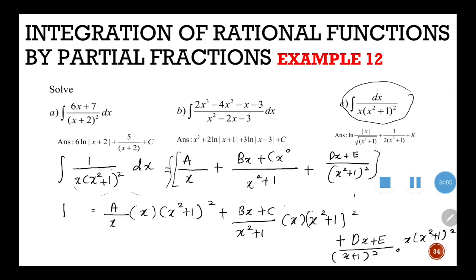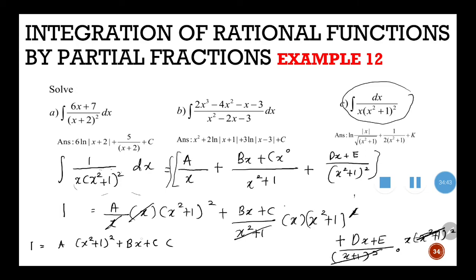So what can we cancel? x can be cancelled, x squared and this can be cancelled, just 1 and x squared, leaving you with 1 equal to A times x squared plus 1 squared plus Bx plus C times x squared plus 1 times x, right?